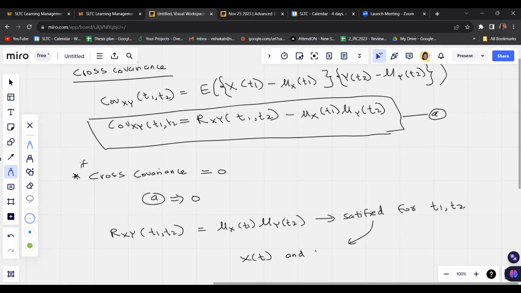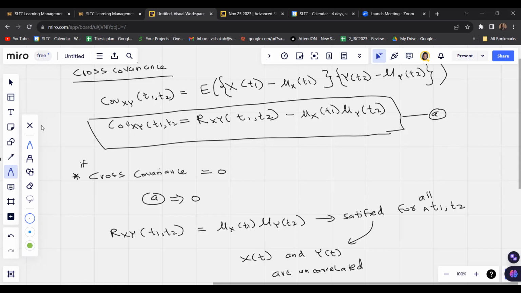So XT and YT are uncorrelated if this condition is satisfied for all the T1, T2 values. So if they are uncorrelated, we can simplify the autocorrelation function as the product of the expectation of the xt1 variable into the expectation of the yt2 variable.